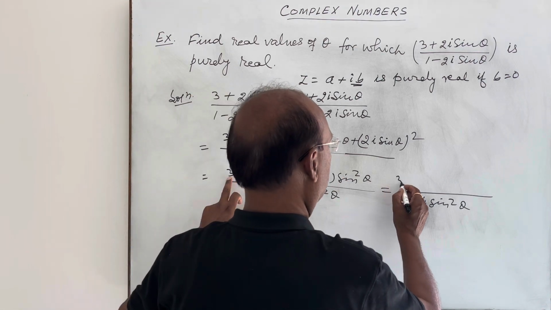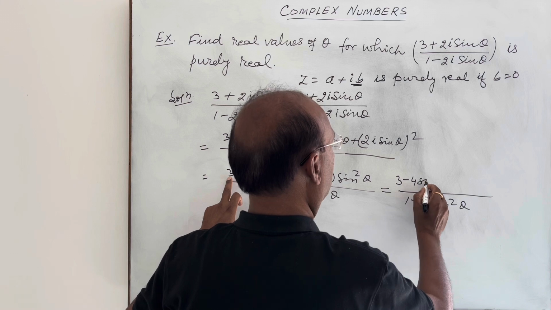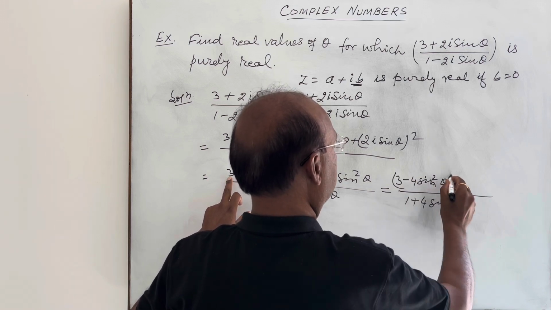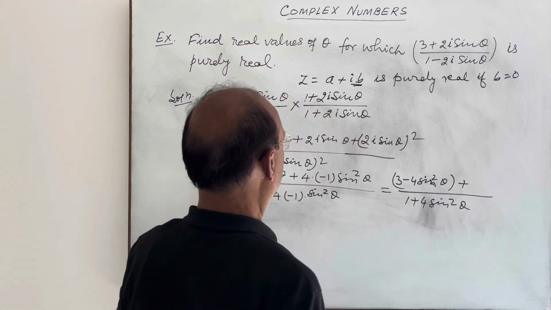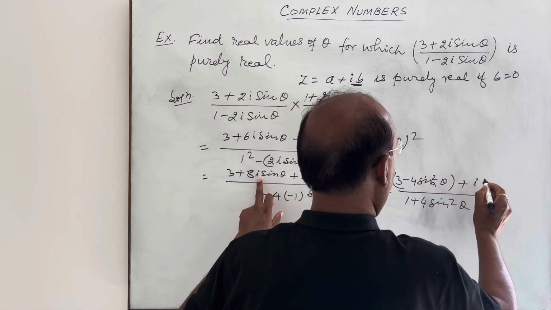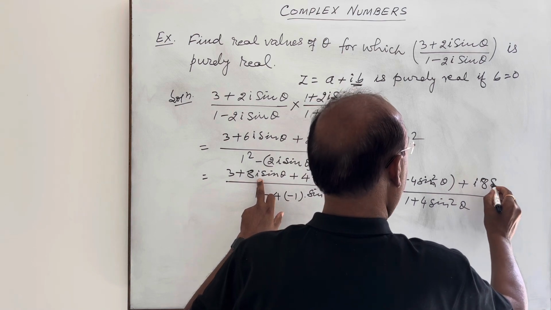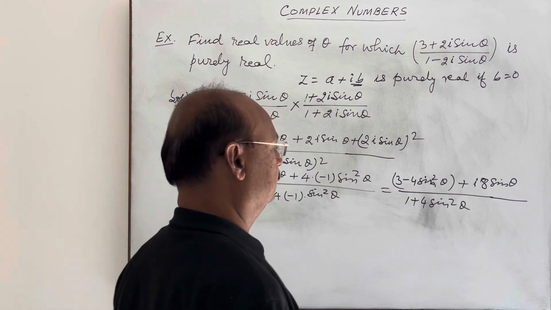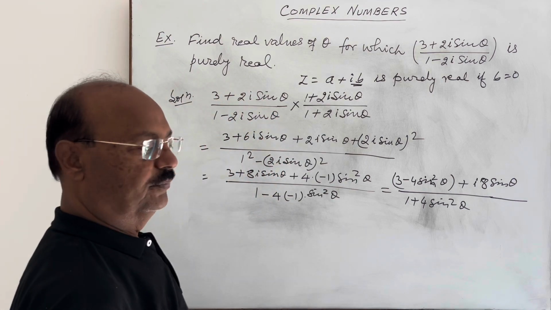So 3 - 4 sin square theta is the real part, and the imaginary part is i into 8 sin theta, correct?